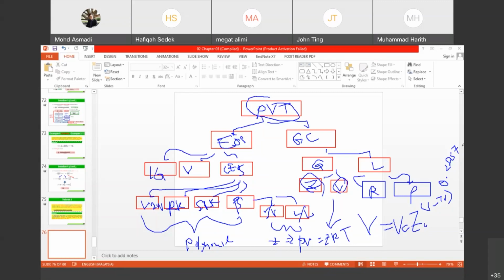We have equations of state. Equations of state are divided into ideal gas, virial, and cubic equations of state, which include van der Waals, Redlich-Kwong, Soave-Redlich-Kwong, as well as Peng-Robinson. Peng-Robinson is a polynomial form, and you can use the parameters from the cubic equation of state to calculate vapor or liquid phase.